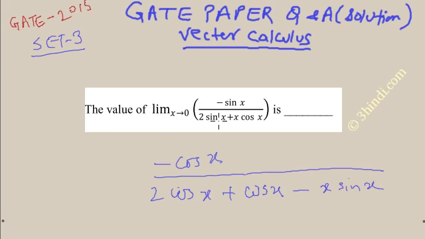You should know how to differentiate, and if you put 0 in this, you will get minus 1 by 2 plus 1 minus 0, that is equal to 1 by 3. So minus 1 by 3, which is equal to minus 0.33. So here, minus 0.33.